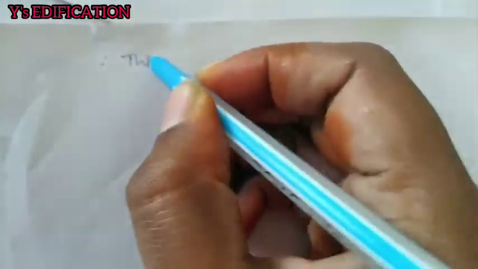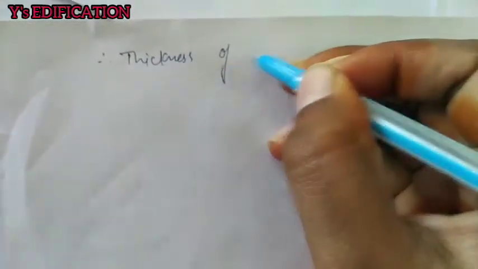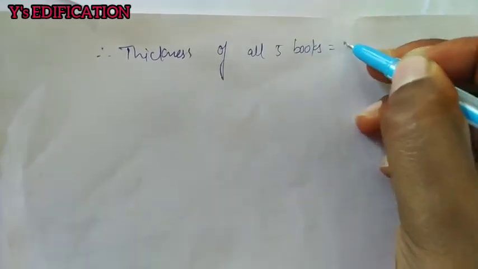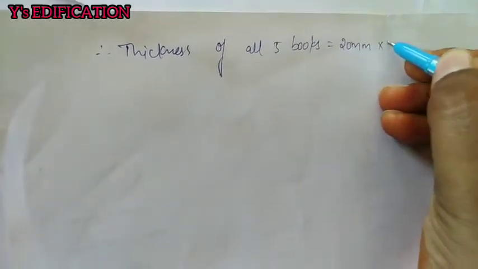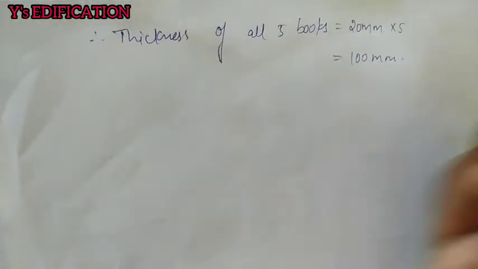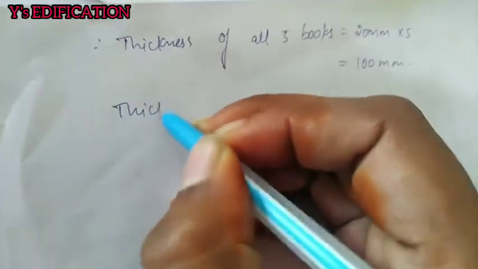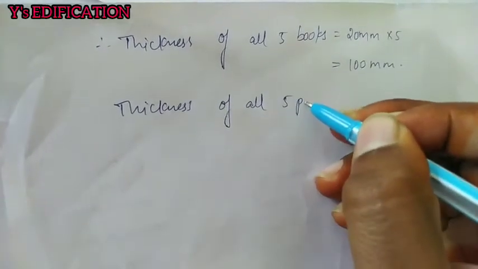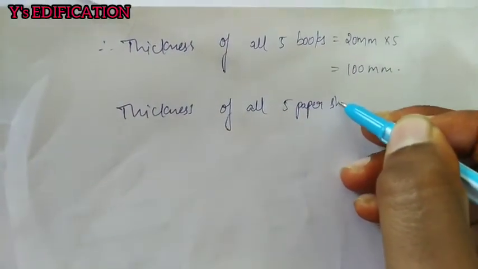So we have to find out what is the thickness of the 5 books. So therefore, thickness of all 5 books. Each book thickness is 20 mm and we have 5 books. That means 20 into 5 is 100 mm. Okay. Next, what is the thickness of all paper sheets? Thickness of all 5 paper sheets.